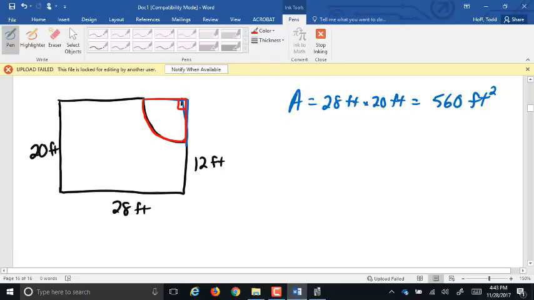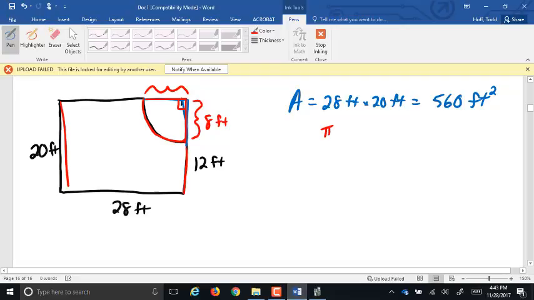Well, first I need to know the radius of that quarter circle. What is this radius here? Well, it'll be the same as this radius here, which is 8. Very good. 20 minus 12 leaves us 8 feet.